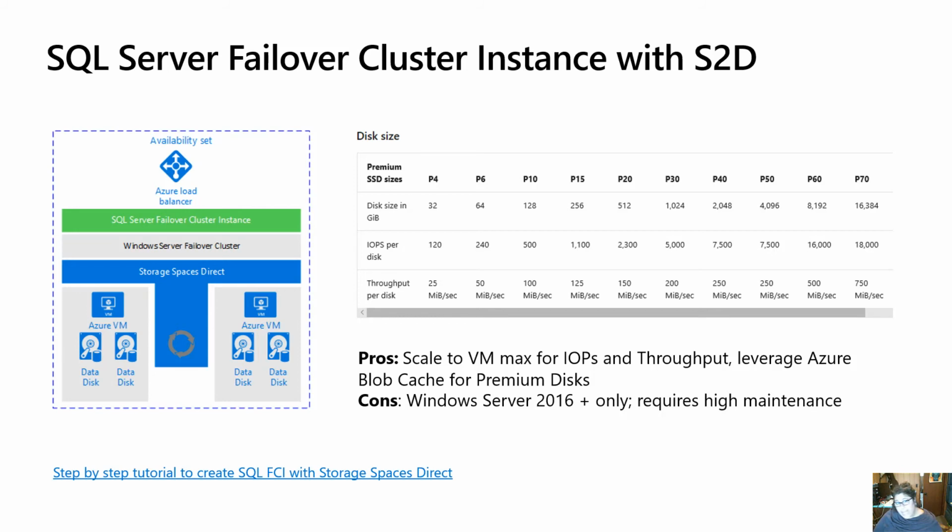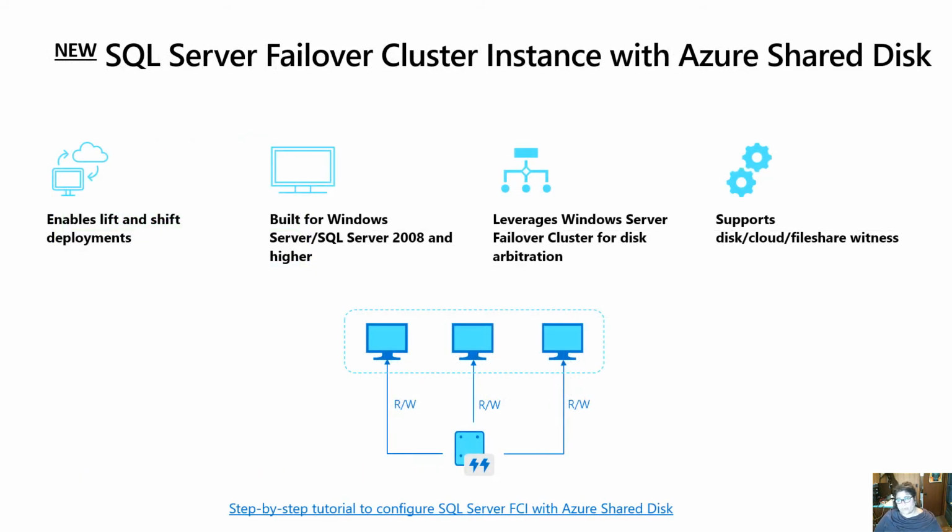The last thing I wanted to talk about for failover clustered instances, and something that came out recently, is Azure Shared Disk. With Azure Shared Disk, you can use either premium or ultra SSD, and it works very much like your on-prem shared disk. This enables a closer to lift-and-shift scenario for your on-prem clusters.